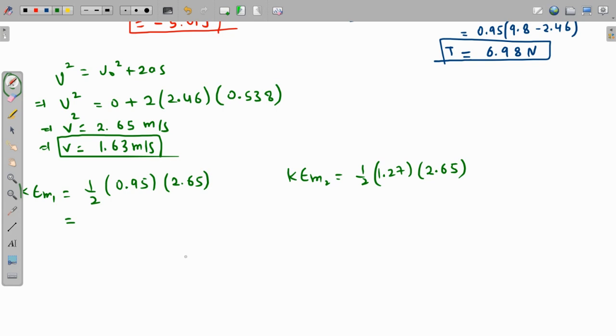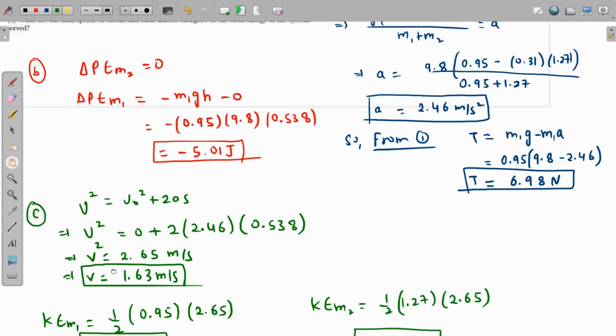So that's 0.5 times 0.95 times 2.65, which is 1.26 joules up to 2 decimal places. And for the other one, that's 1.27 times 0.5 times 2.65, which is 1.68 joules up to 2 decimal places once again.